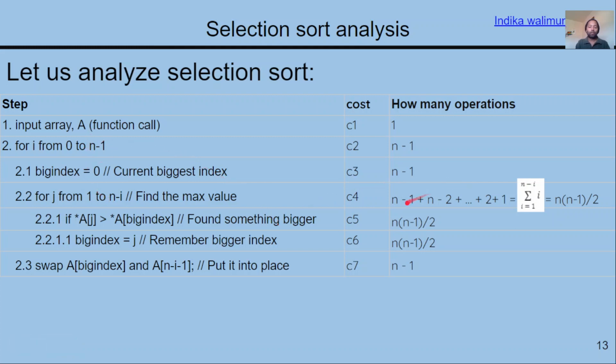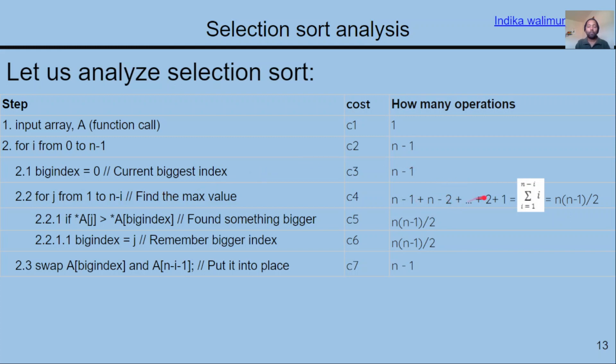If we take the i equals 0 scenario, the inside loop is going to run 1 to n, so we have n minus 1 operations. In the next iteration i is 1, so it's going to be 1 to n minus 1, which means n minus 2 operations.